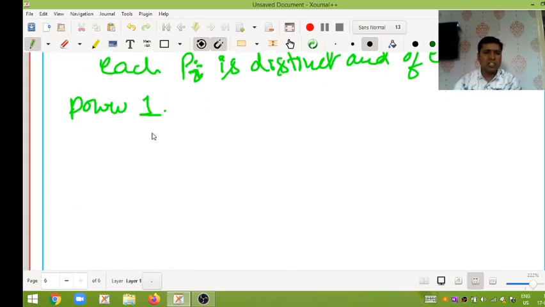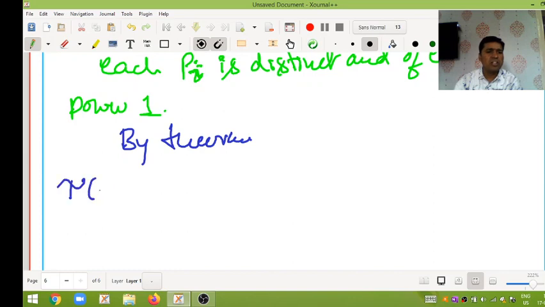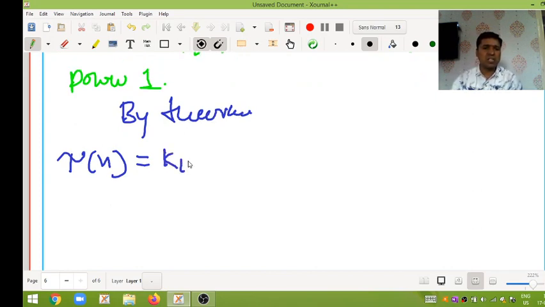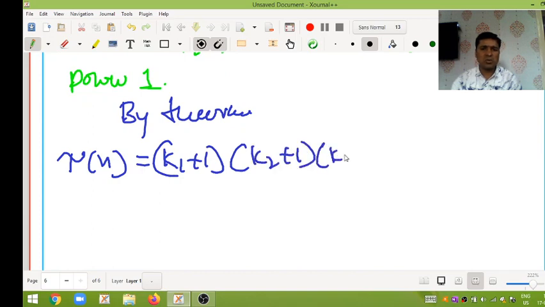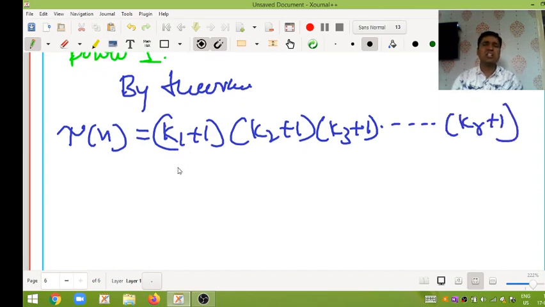Now for the square free integer, by the theorem, what is meant by tau of n? Tau of n is equal to the number of divisors. How will you find it? That is (k1 plus 1) into (k2 plus 1) into (k3 plus 1) into so on, into (kr plus 1), or in shortcut form, the product for i from 1 to r of (ki plus 1).